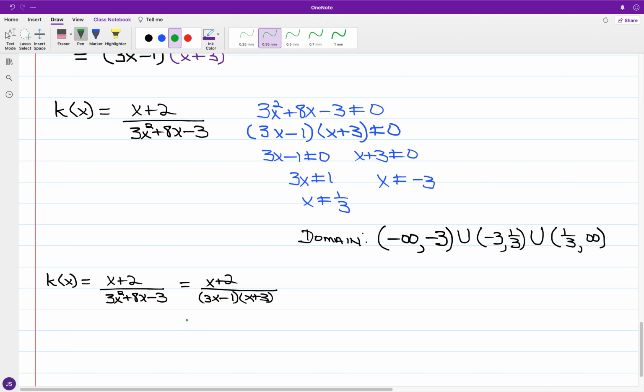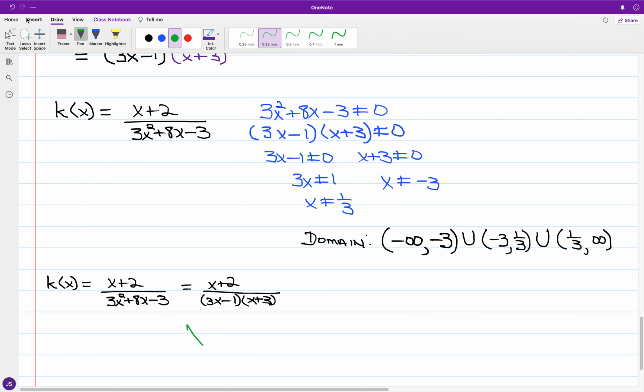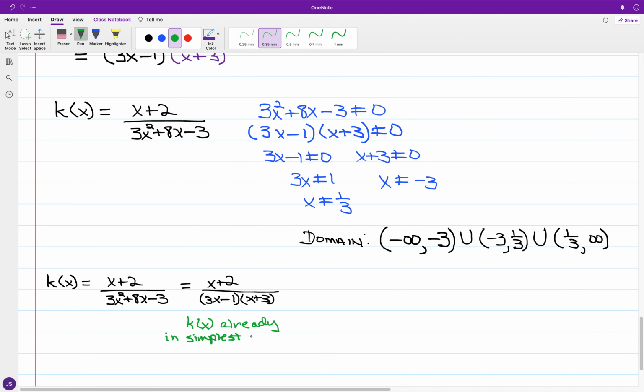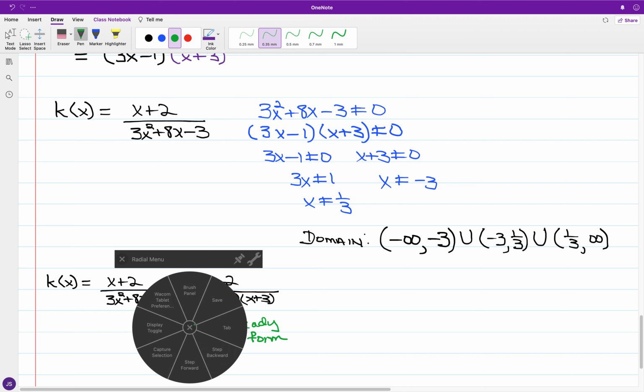So this is going to signal that k of x is already in simplest form. So both of the denominator factors remain.